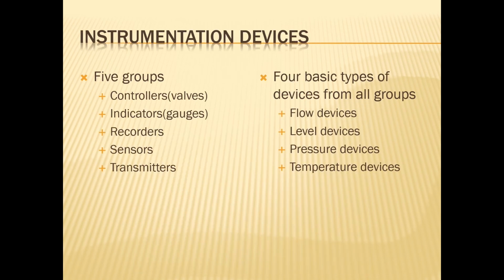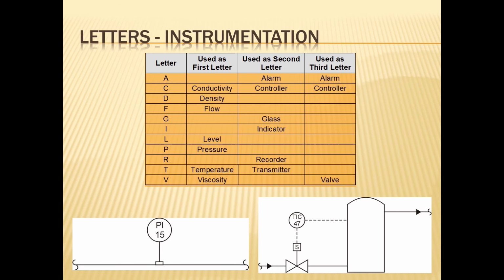There are a number of different devices that we can find inside our piping and instrumentation drawings. There's 5 different groups, and each group have 4 basic types of devices. For example, an indicator could either be a flow, a level, a pressure, or temperature type of device. Instrumentation devices are all represented by letters inside circles.